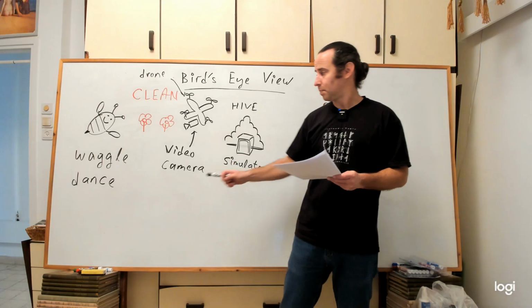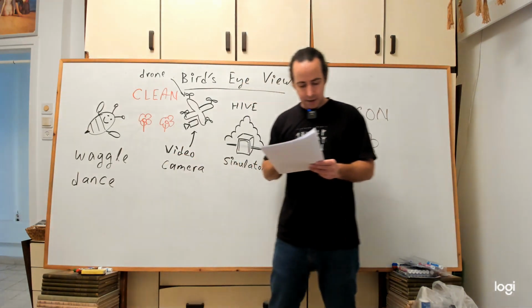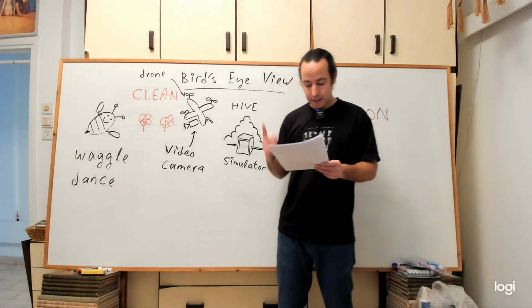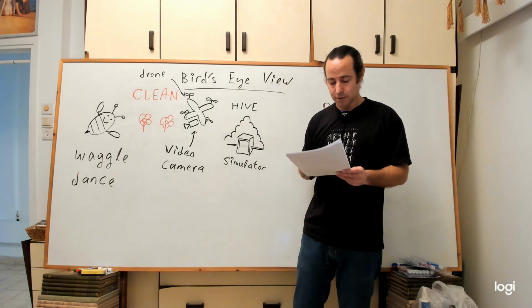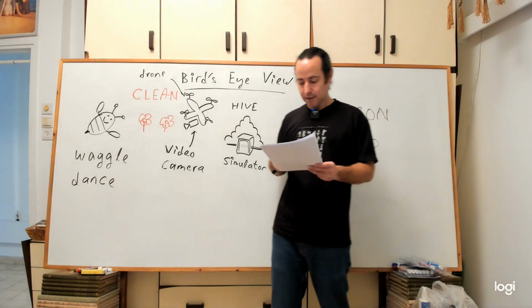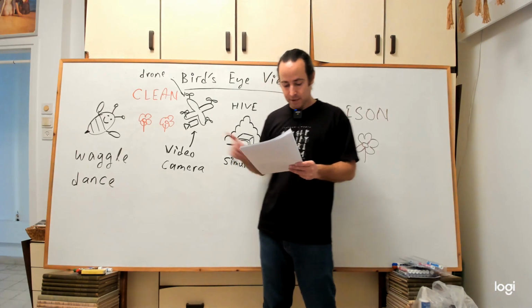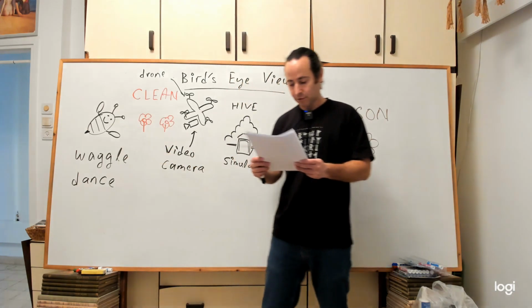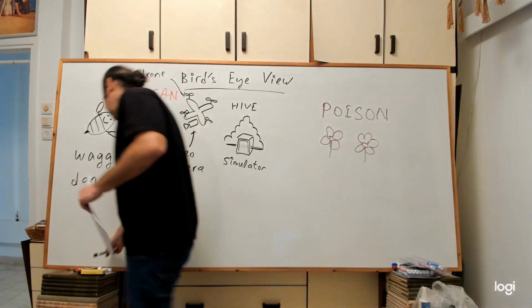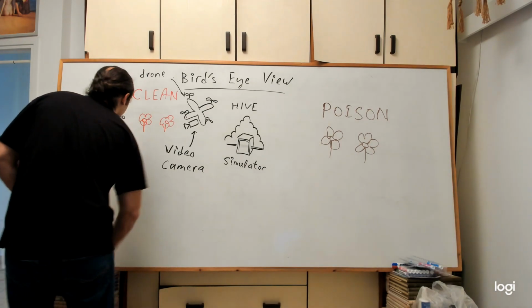You can see in Wikipedia waggle dance. So ideally we can train one bee and teach this bee the directions from the beehive to the good field of organic flowers which have no poison. Okay, so let's write this is organic.